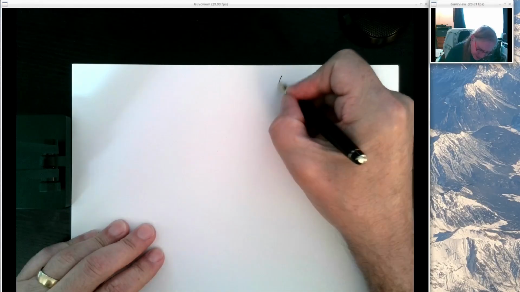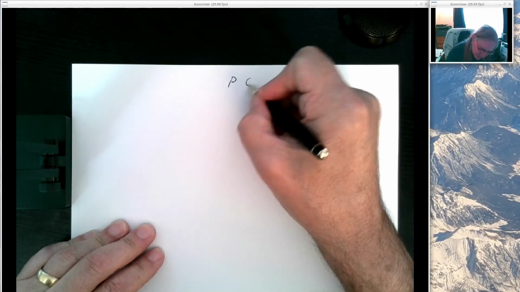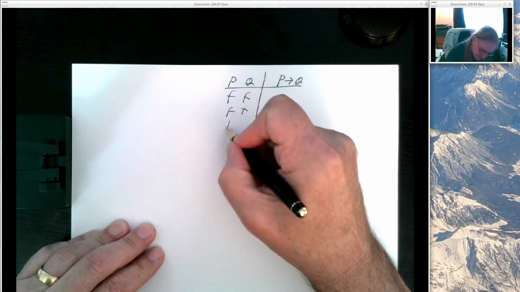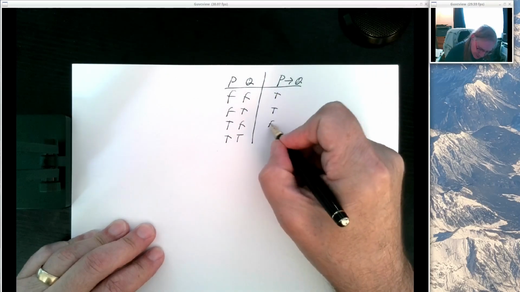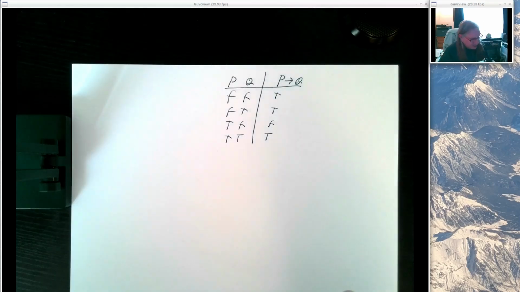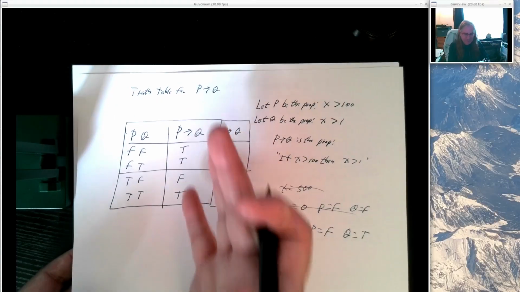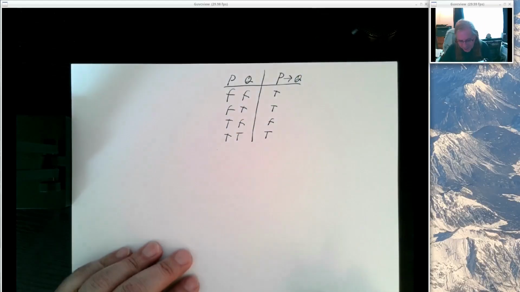If we look at this conditional statement, and this is true, true, false, true, and I'll ask you not to get hung up on why these are the values they are. Let's suppose that you believed this earlier argument, and this is our truth table.